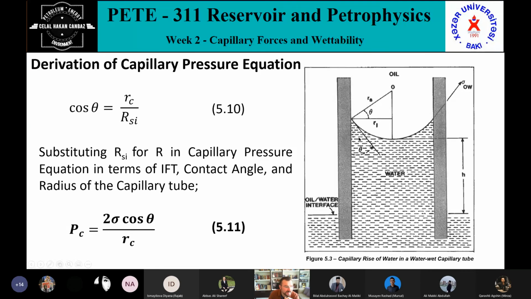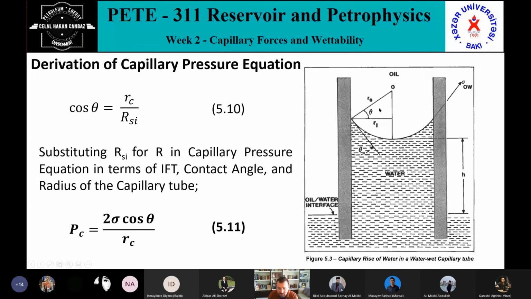The contact angle means I have two immiscible fluids here, water and oil, both in contact with a solid surface. The angle these two make with the surface is my contact angle. When this is theta, according to the geometry, this will be theta 2.